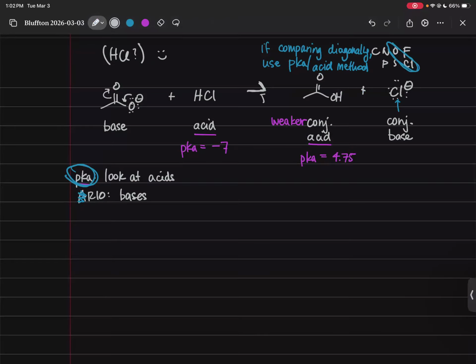Okay, so this extends not just to choosing reagents, where we're picking an acid to protonate a base or a base to deprotonate an acid, that works the same way. It also relates to solvents, interestingly enough. And this causes something we call the leveling effect. This mostly has to do with bases.